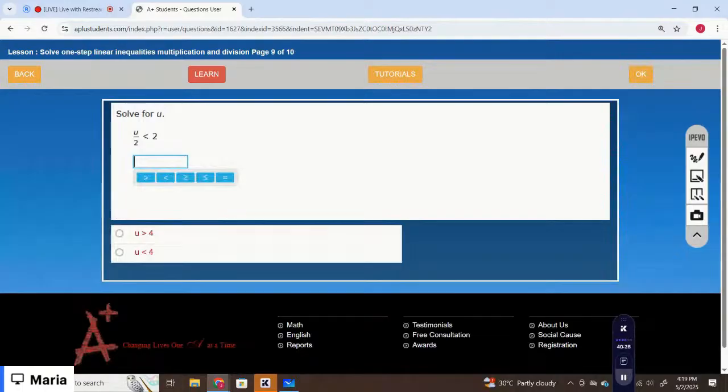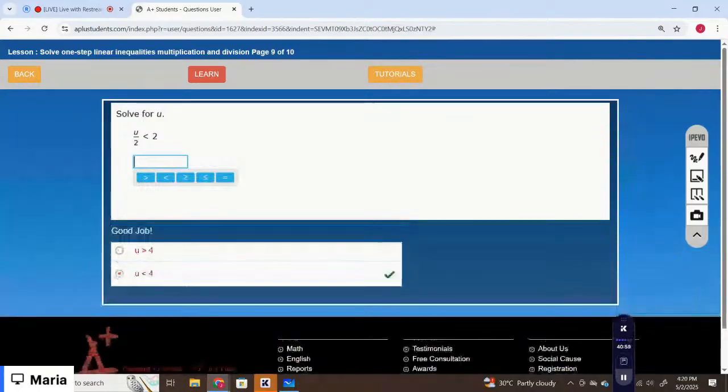U divided by 2 is less than 2, so which is the correct option? That is U is less than 4. Option number 2 is the correct option.